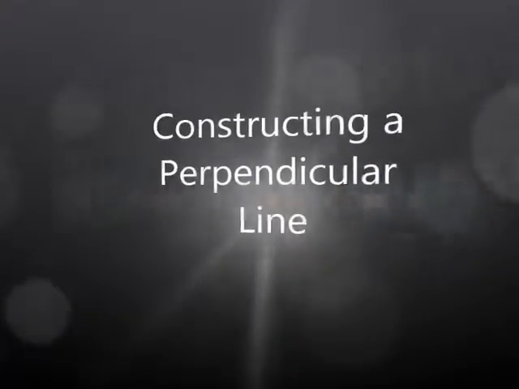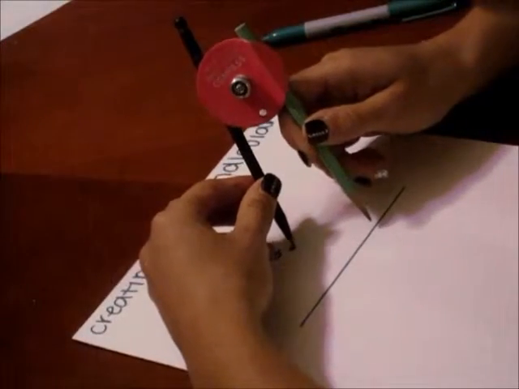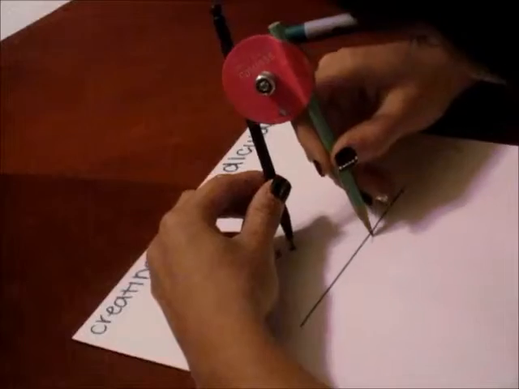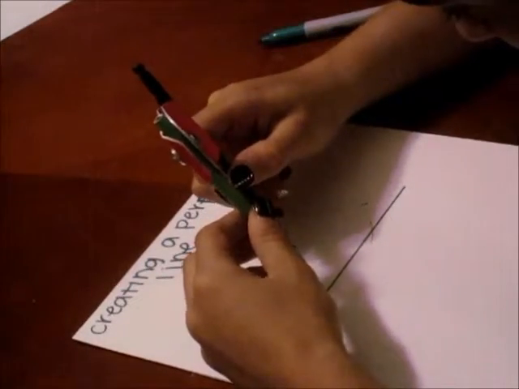I am going to show you how to create a perpendicular line. Take the compass and put it on point Q. Draw an arc through the line. Do the same to the other side.